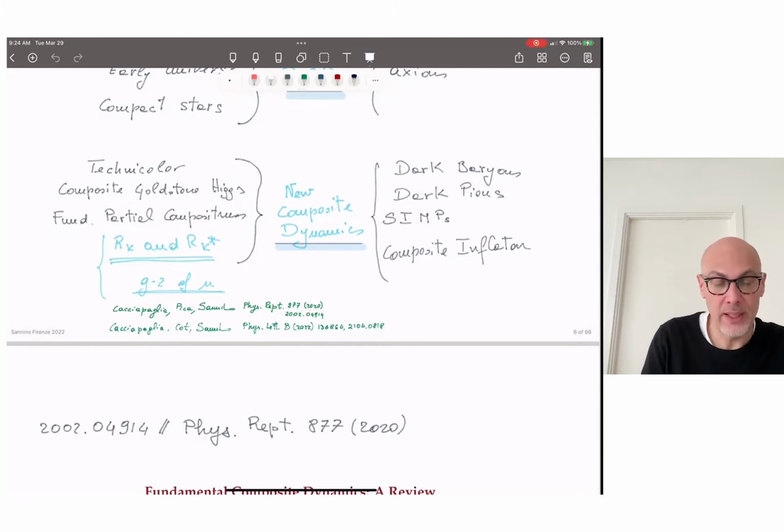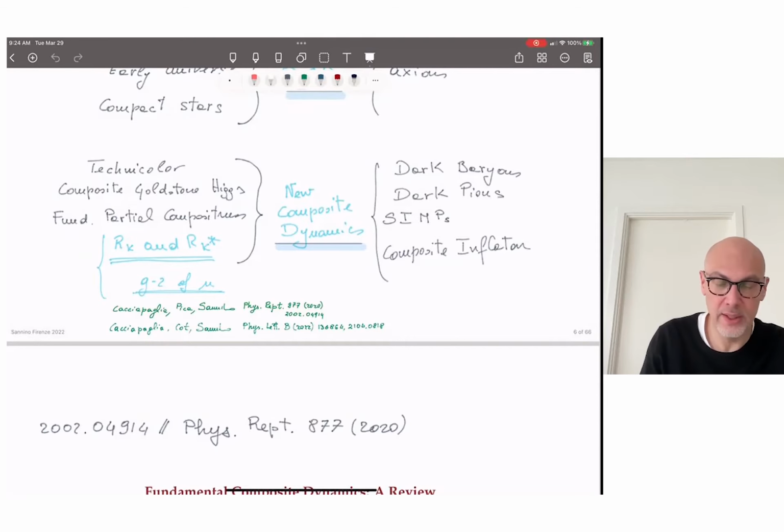These models can address, I don't know if I will have the time to arrive to this, the current flavor anomalies in the g-2 of the muon, which, as you know, are taking a good space of the archive because we love to have new physics. If you want to know more about that, feel free to ask. I think it's quite an interesting, relevant topic.